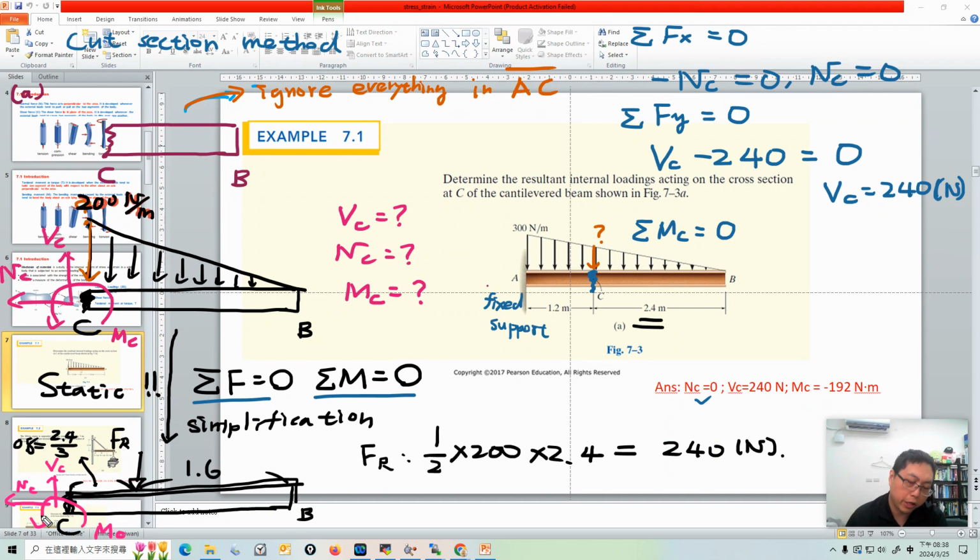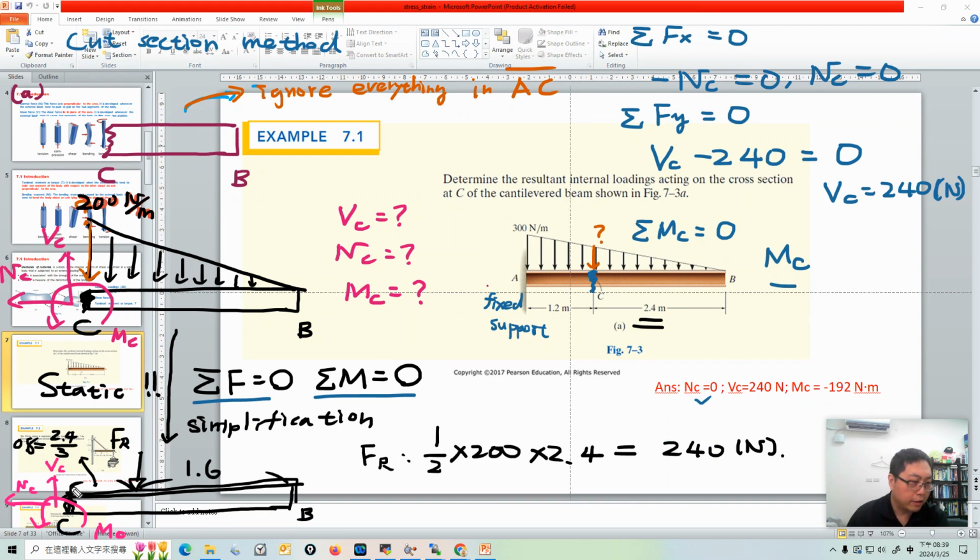Let's assume it's counterclockwise. I think these two forces won't create a moment at point C, but the C section has an internal moment, so we still have to count it.